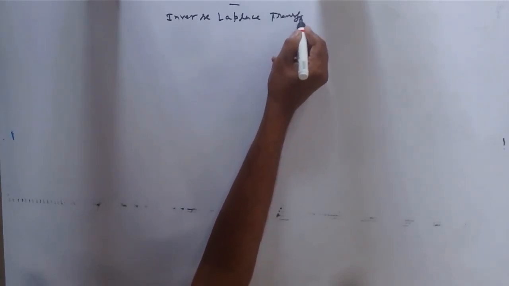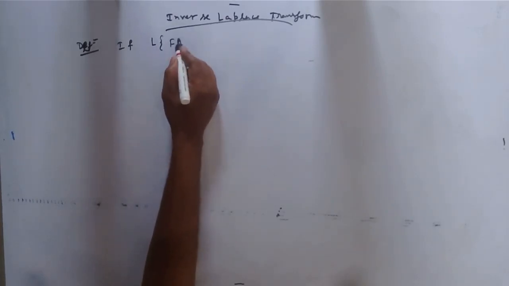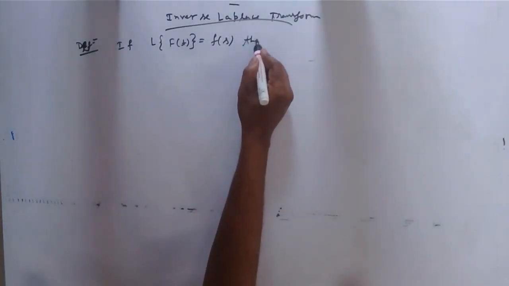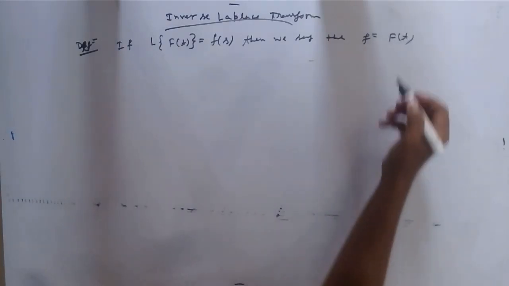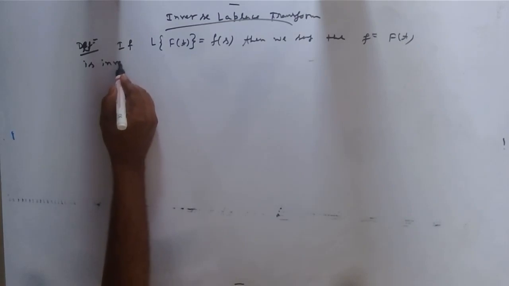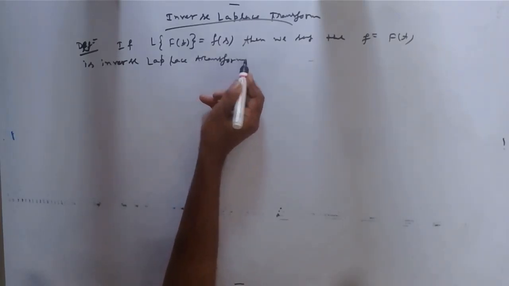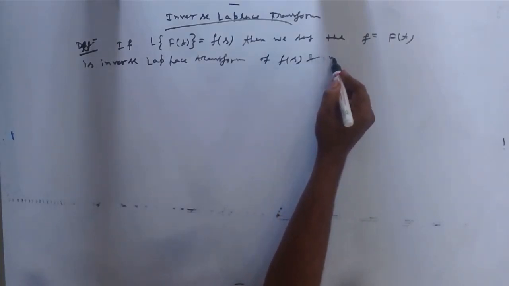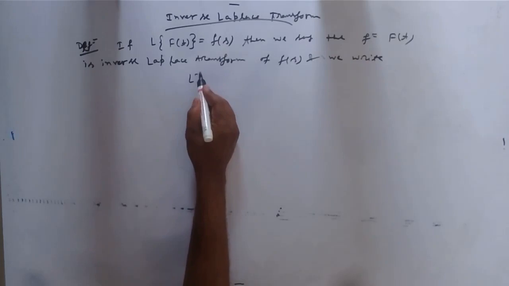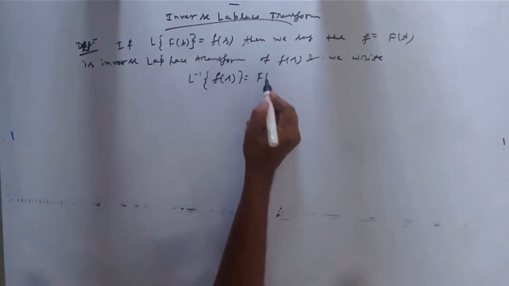The definition of inverse Laplace transform is: if L of f(t) equals F(s), then we say the function f(t) is the inverse Laplace transform of F(s), and we write L inverse of F(s) equals f(t).